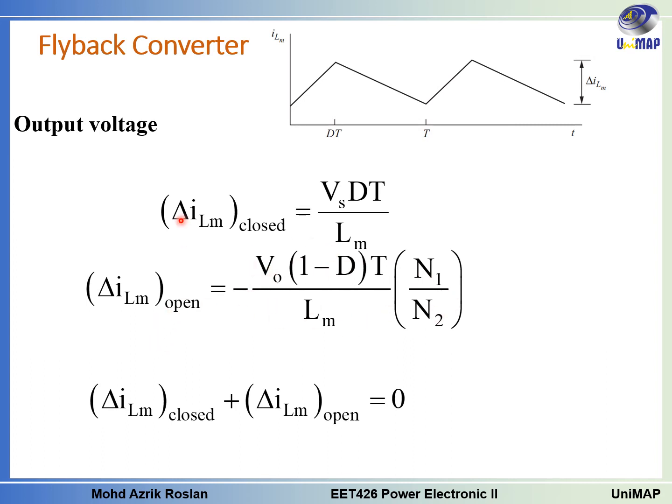We know that the delta ILM, the distance between here to here, will be the same as the distance between this point to this point. The value of delta ILM is the same. So we can have this equation, delta ILM close plus the delta ILM during its open equals 0. So this is the steady state balance equation that we can use to relate the output and input voltage.